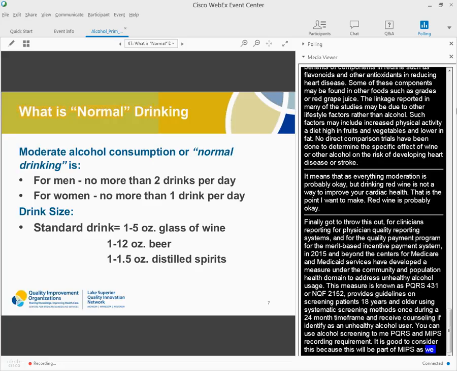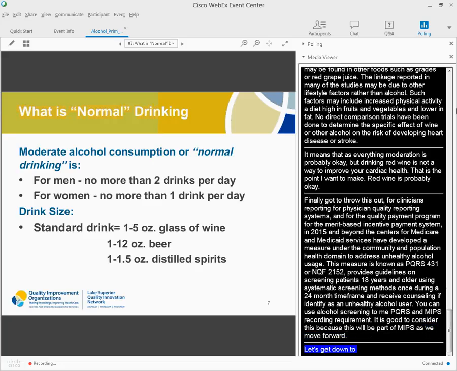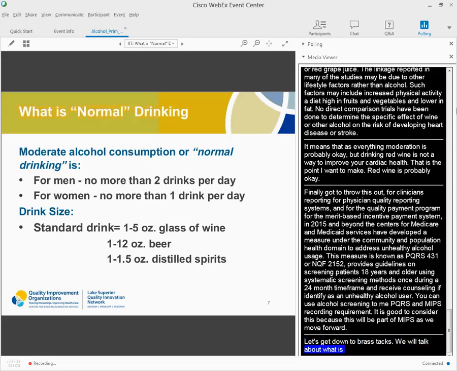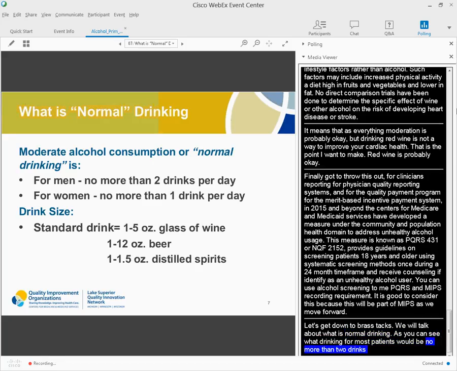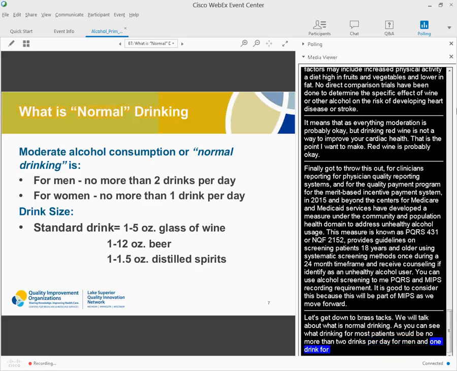Okay, so let's get down to brass tacks here and talk about what is normal drinking. As you can see, normal drinking for most patients would be no more than 2 drinks a day for men, 1 drink a day for women. A standard drink is considered a glass of wine, a beer, or a shot of liquor.